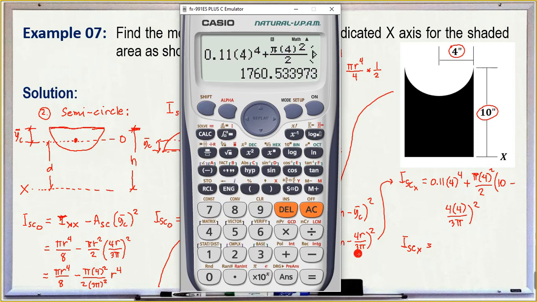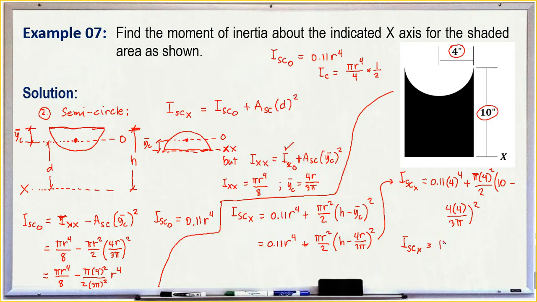So the answer is 1760.53, approximately 1760.53 inch to the fourth. Okay? So that is the value for the moment of inertia of our semicircle along the x-axis. So are there any questions?